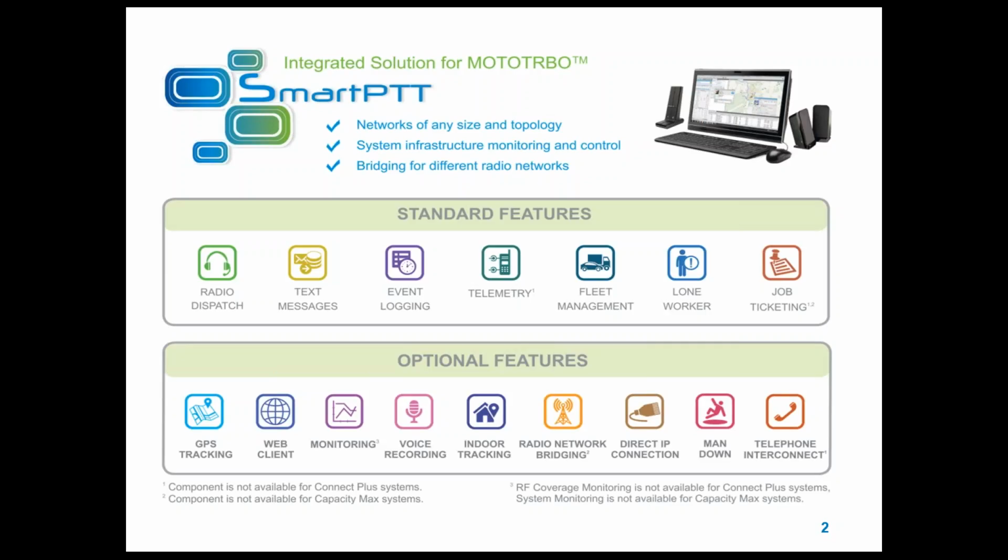Now, some of the optional features of SmartPTT PLUS are going to include your GPS tracking and web data client. The web data client is going to let you do real-time GPS tracking and text message exchange through a PC's web browser rather than having a dedicated dispatch client.